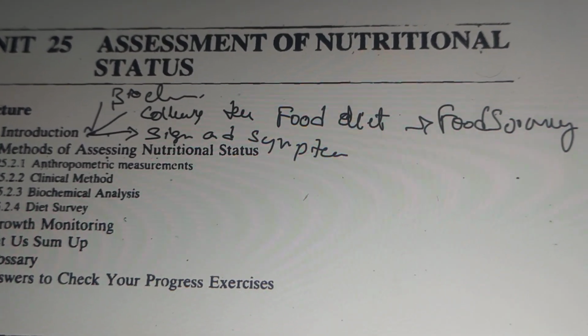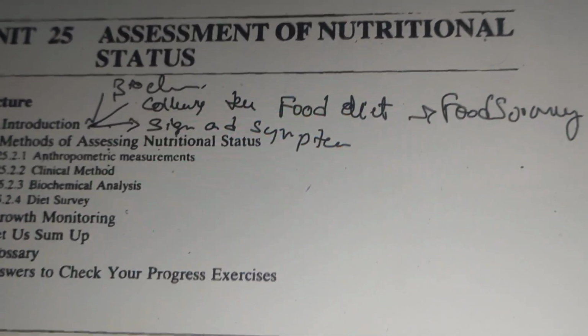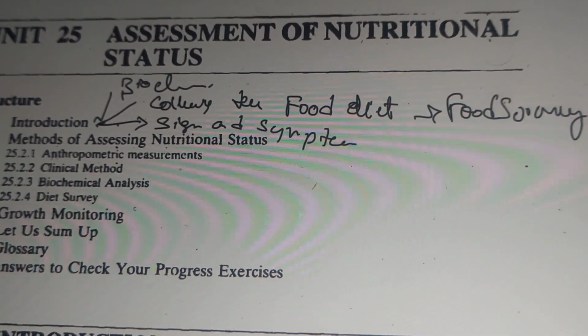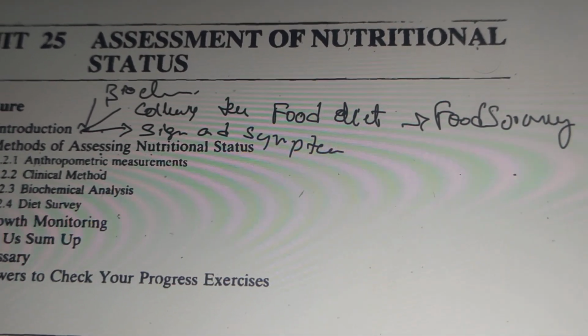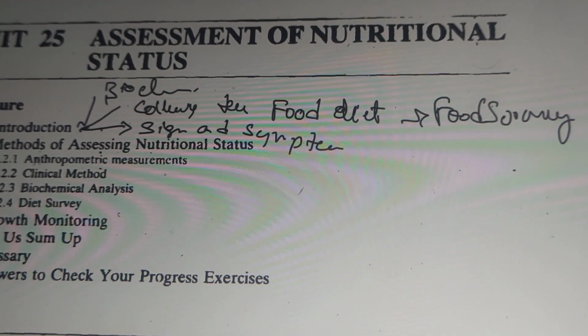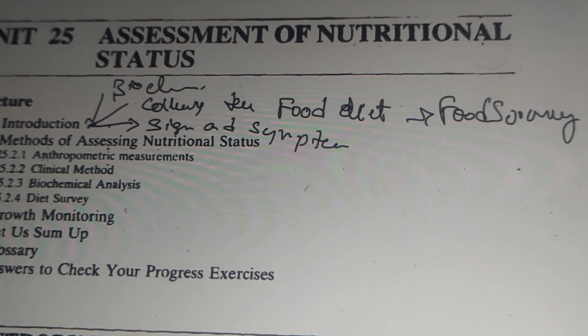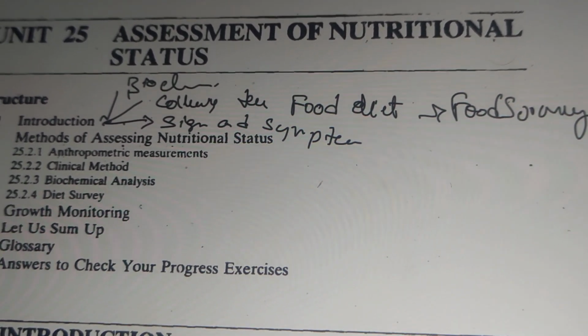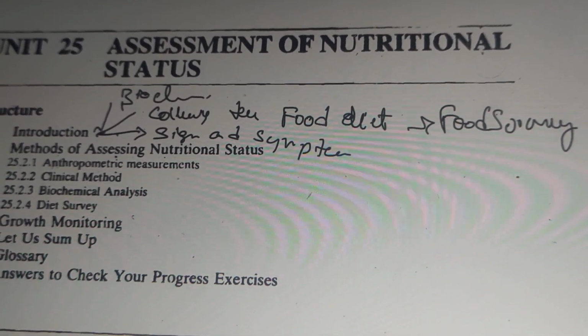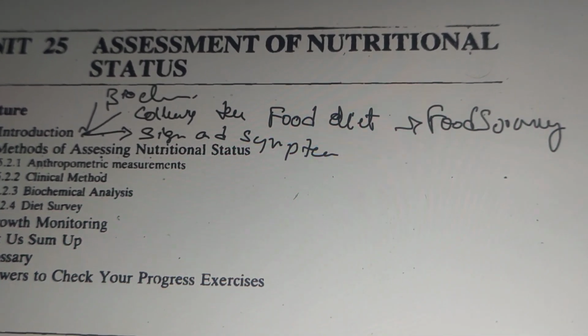After the test, you can make the person understand that he is having so and so deficiency, and he has to take so and so food for curing that deficiency. Also, you can measure the height and weight of the child according to the age, whether the weight of the child is correct or not.